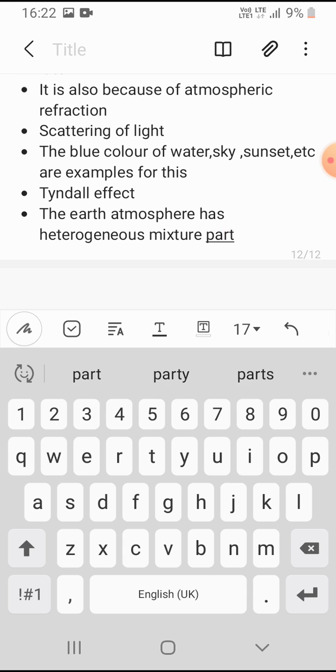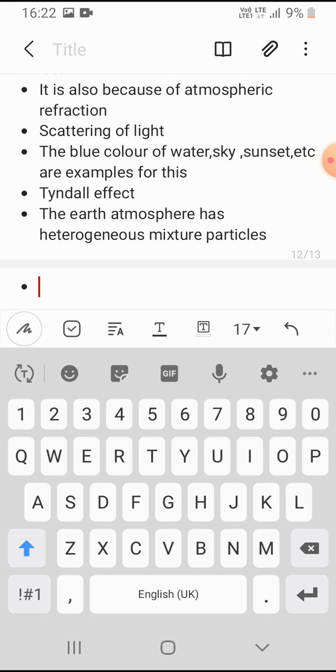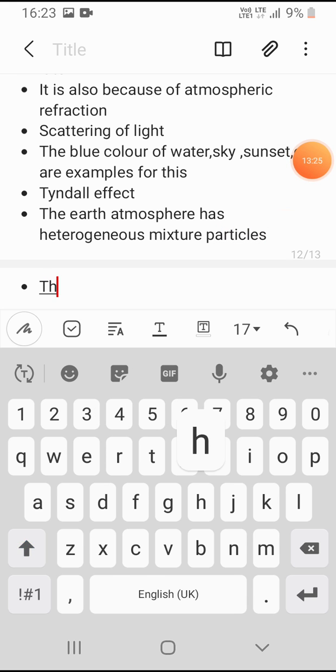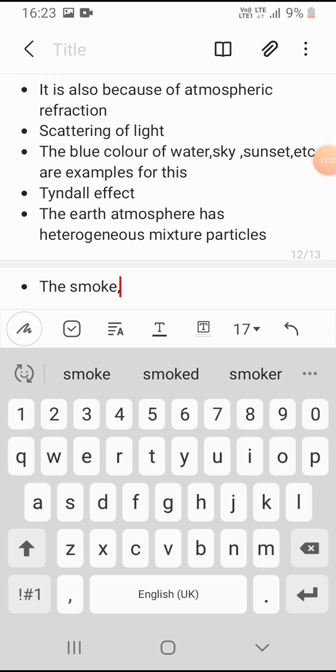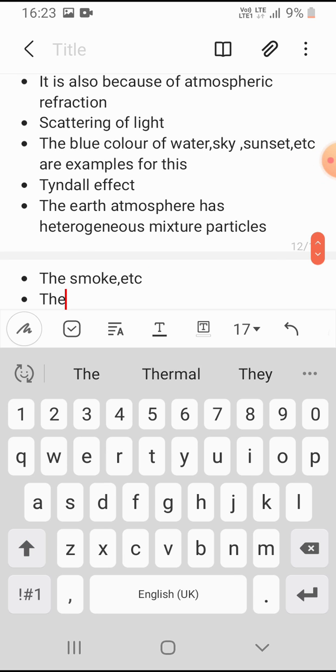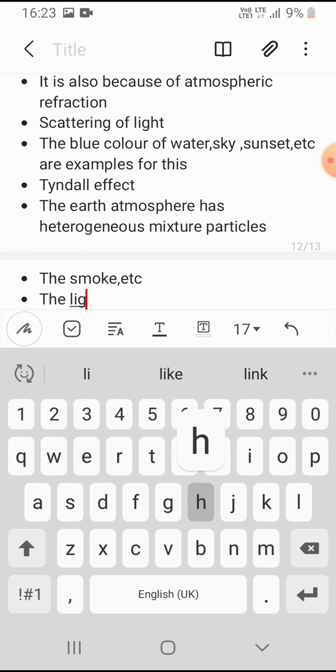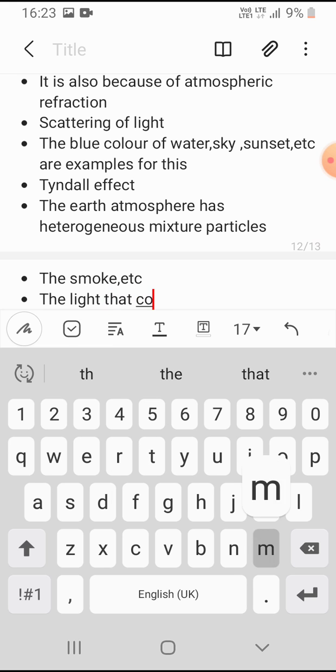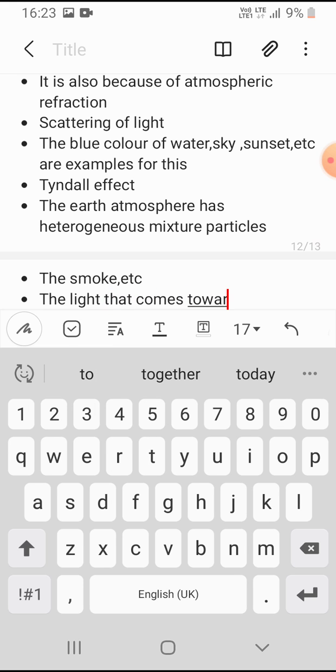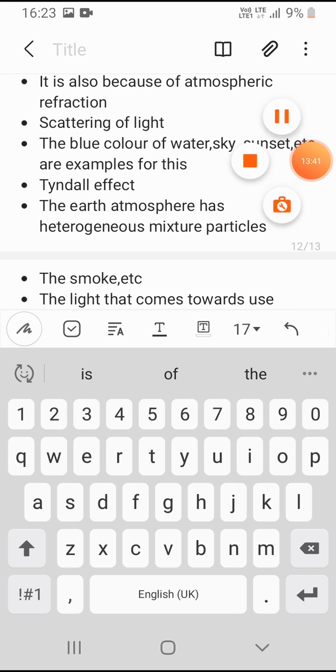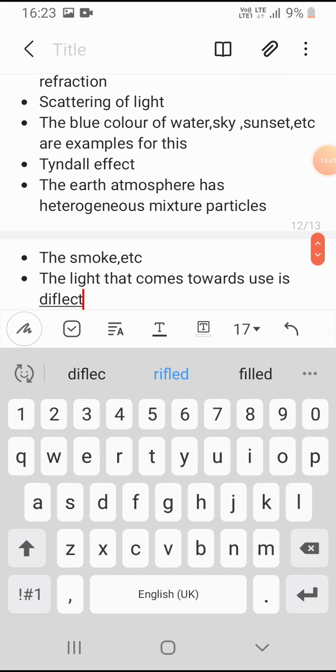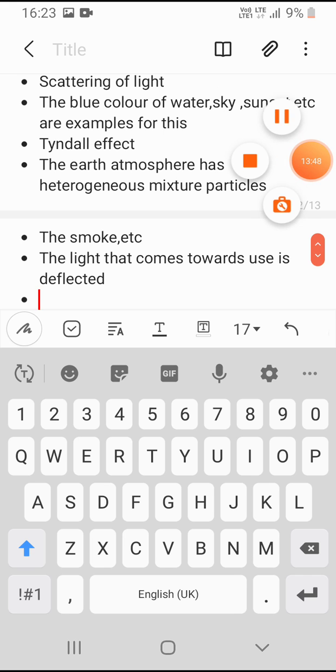So the smoke and anything else on earth is made of these. The light that comes towards us is deflected, meaning it is a little bit bent.